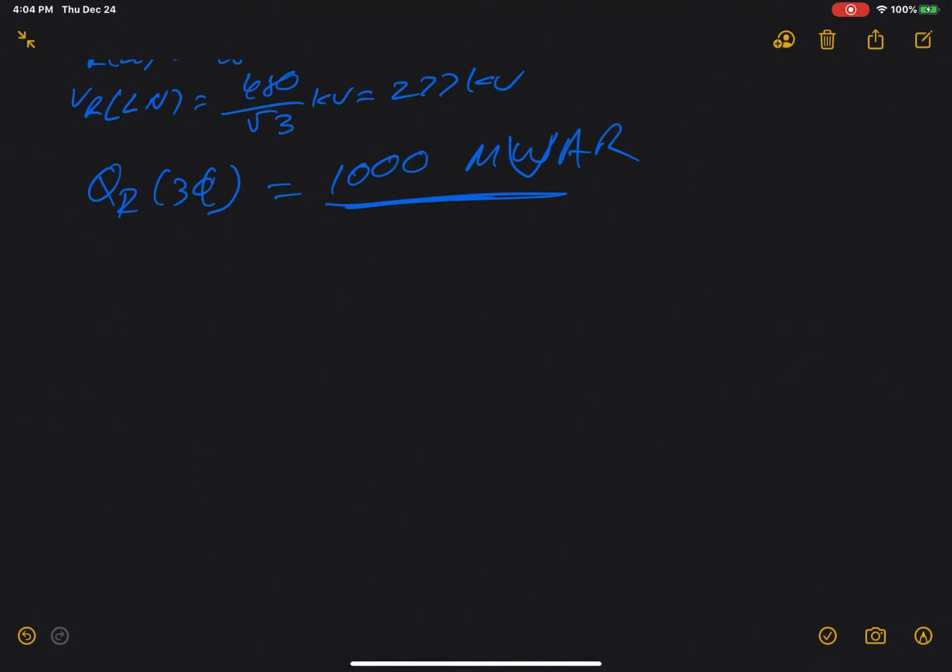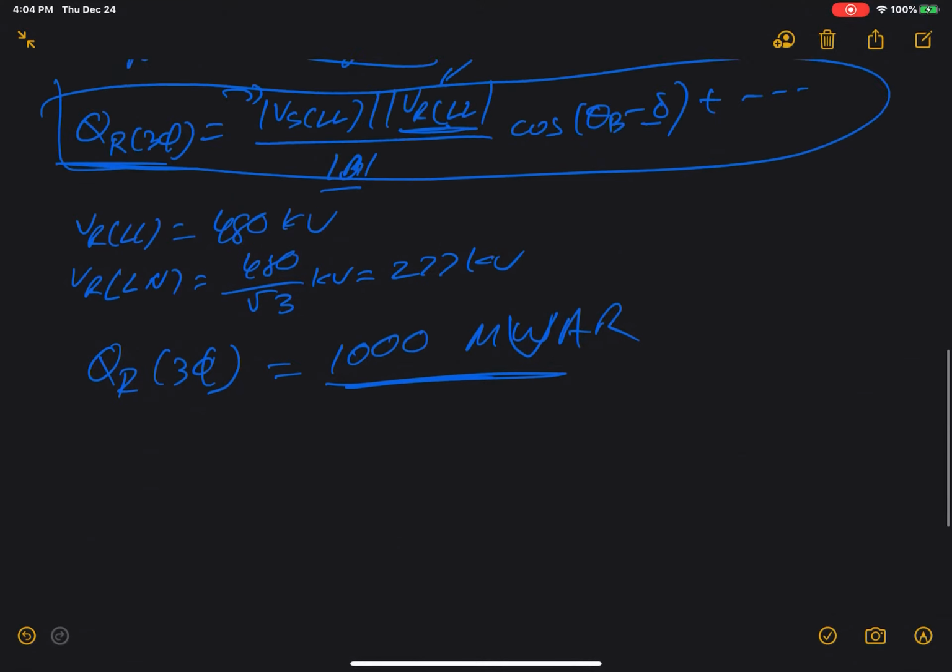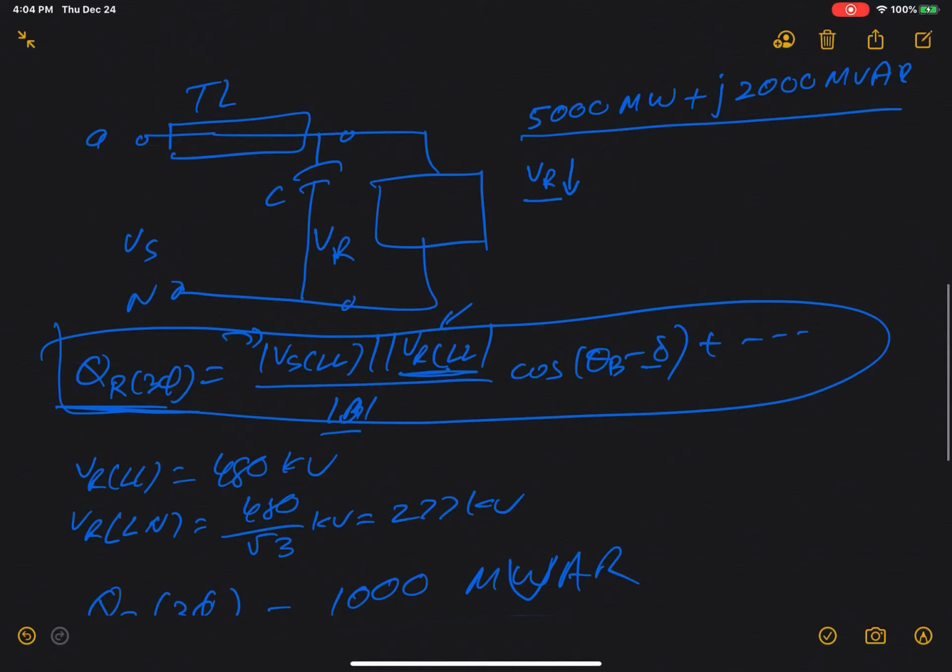How do you do that? It's an inductive load, so you need a capacitor there to supply 1000 megavar. Then it doesn't have to come from the transmission line, right? That's how you support the voltage.